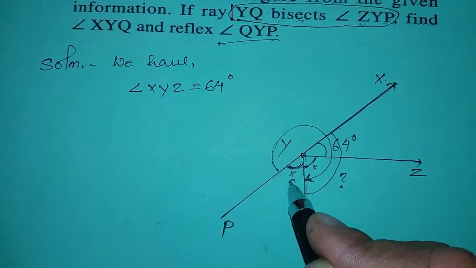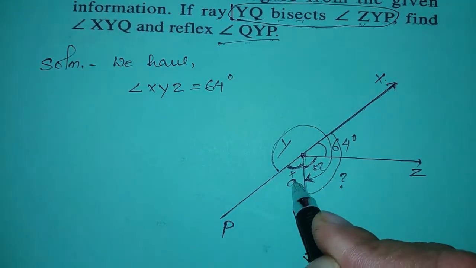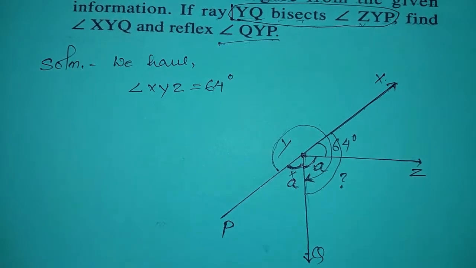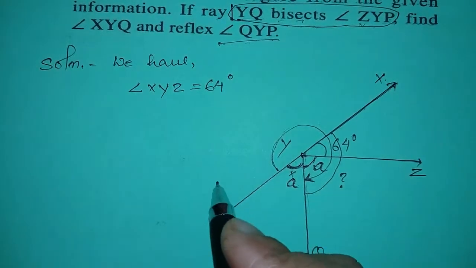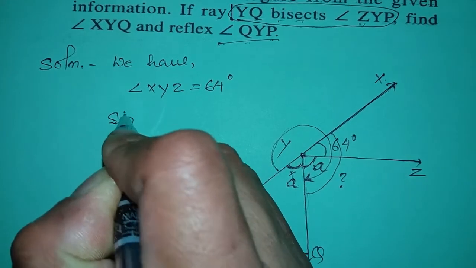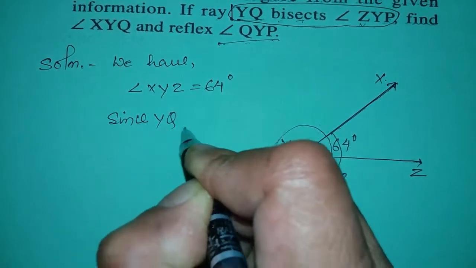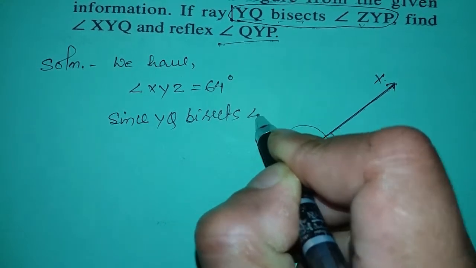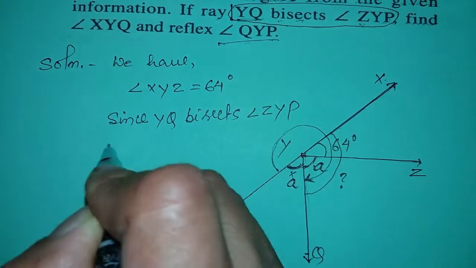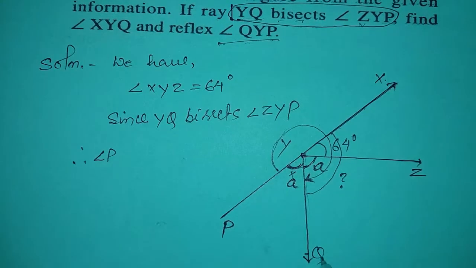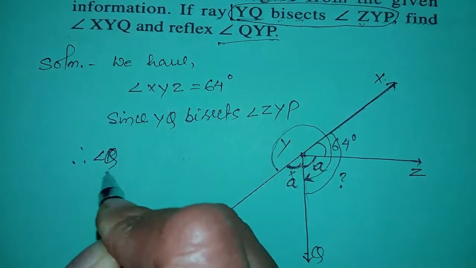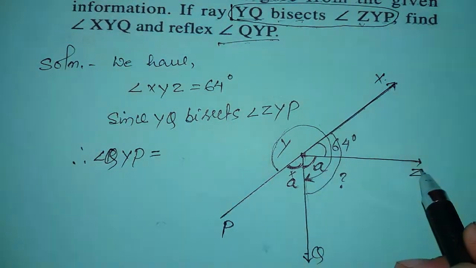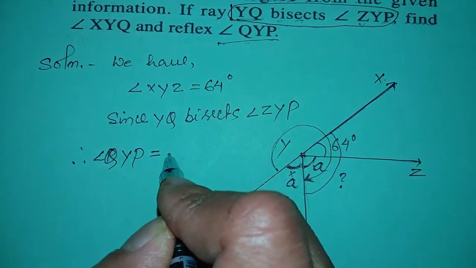So if this is A, then this will be also A. If the measurement of this angle is A, then the measurement of this angle will be also A. So let's say, since YQ bisects angle ZYP, therefore angle QYP will be equal to angle ZYQ.